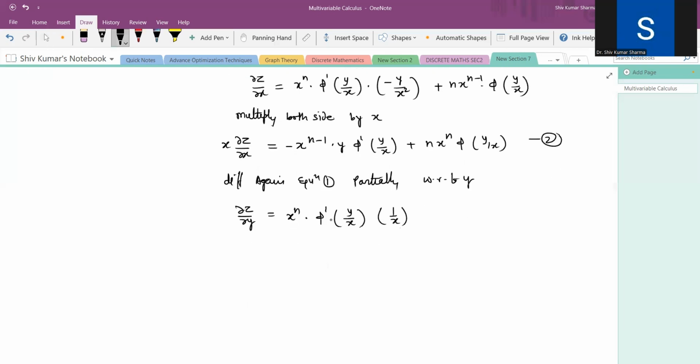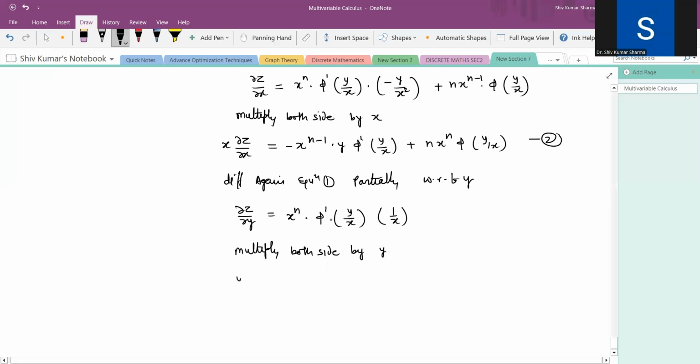Now we multiply both sides by y. So y del z upon del y is equal to x raised to the power n into y upon x into phi dash of y upon x. This can be written as x raised to the power n minus 1 into y phi dash of y upon x. So this is our equation number 3.